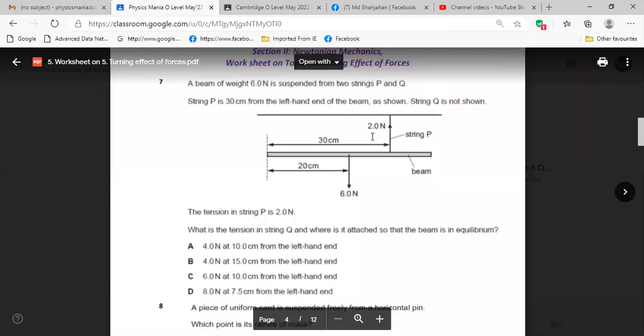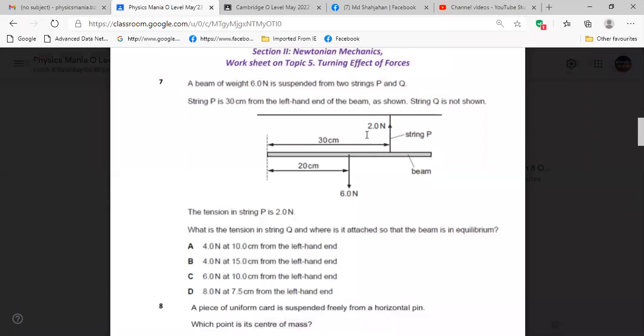Can you annotate on the screen the way I showed you? Can I say something? Yeah, sure. I thought the question, from the left-hand end, meant it would be somewhere in this direction, so I got confused.